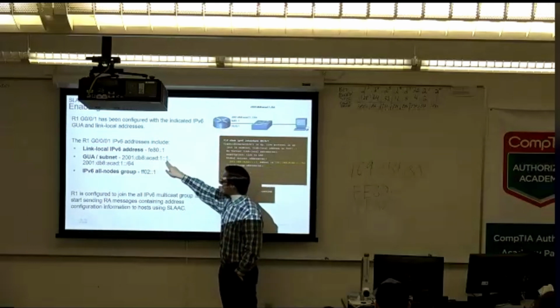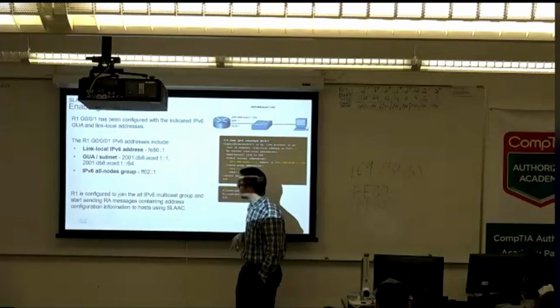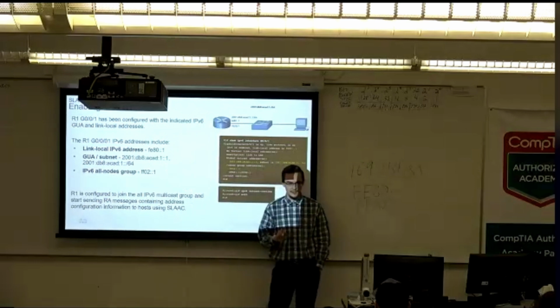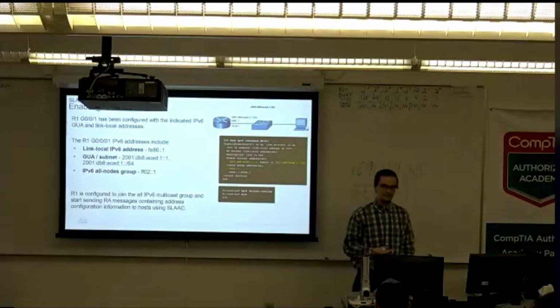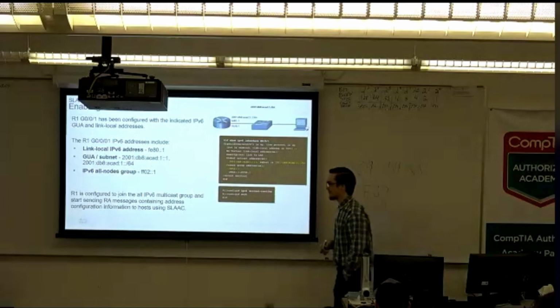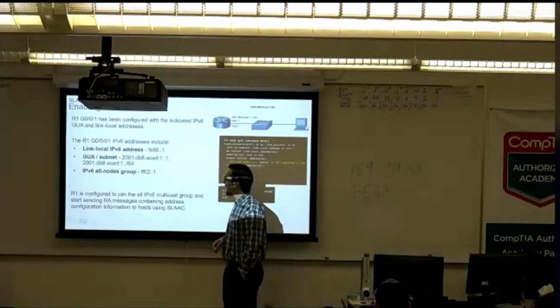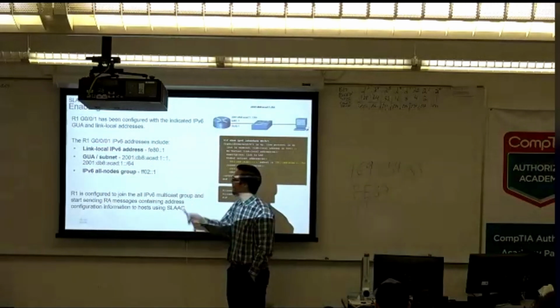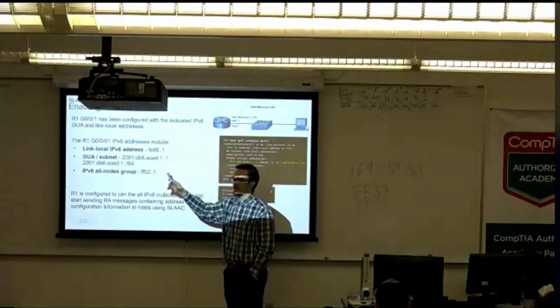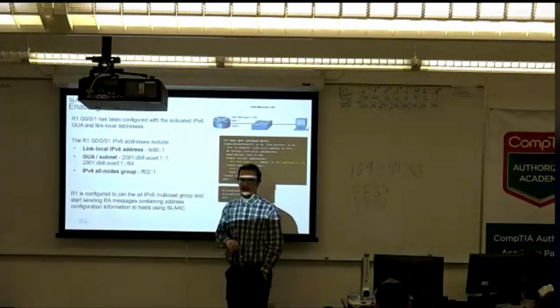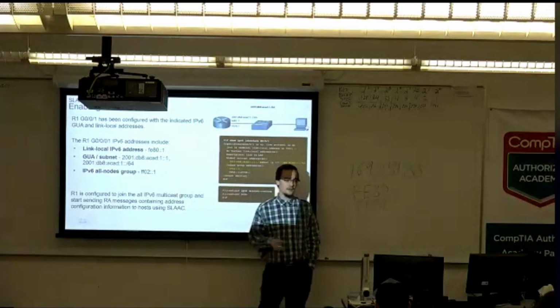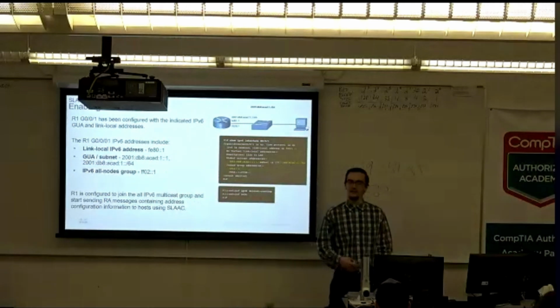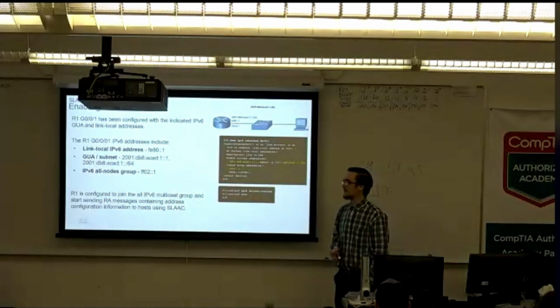So this GUA right here, is that the first, second, third, fourth, fifth IP address? Which one? It's technically the second, yes. I believe you can assign ::0 to a client. No longer do you have to worry about a dedicated network ID or broadcast ID with IPv6.